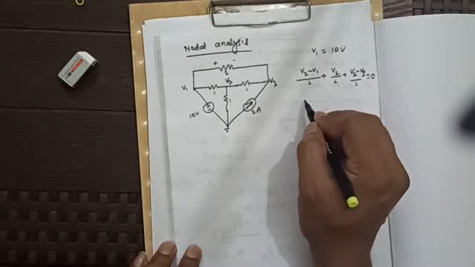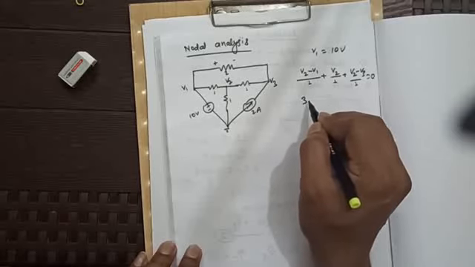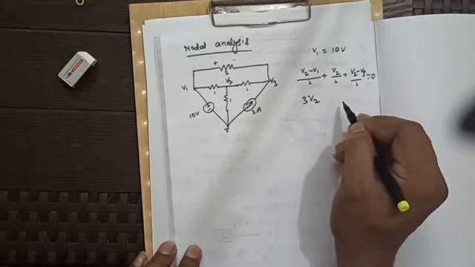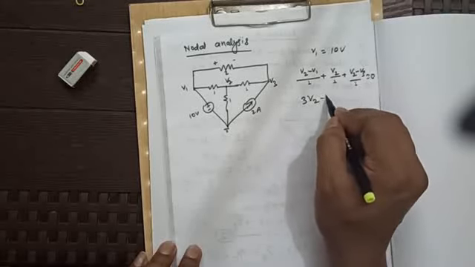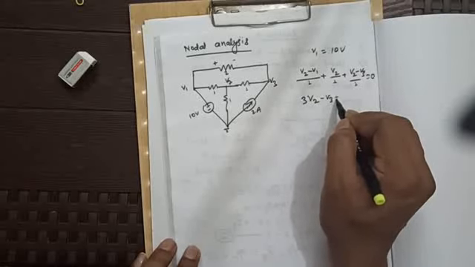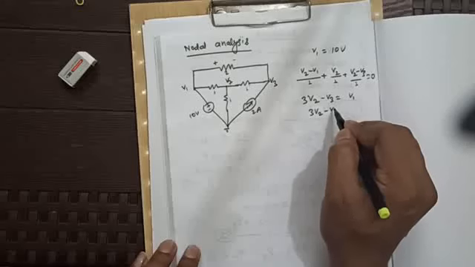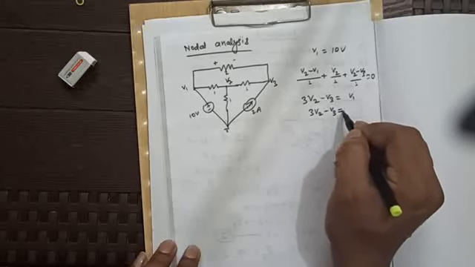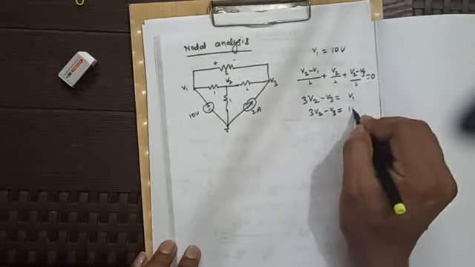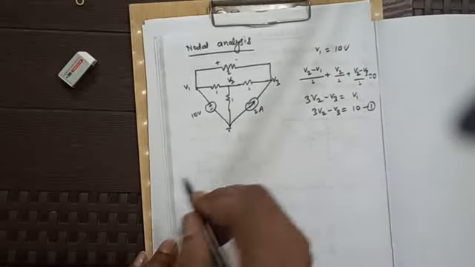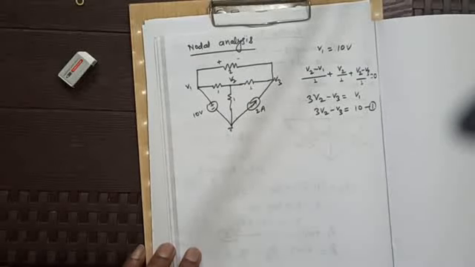After solving this, we will have 3 V2 minus V3 is equal to V1, which is 10 volts. This is our first equation.